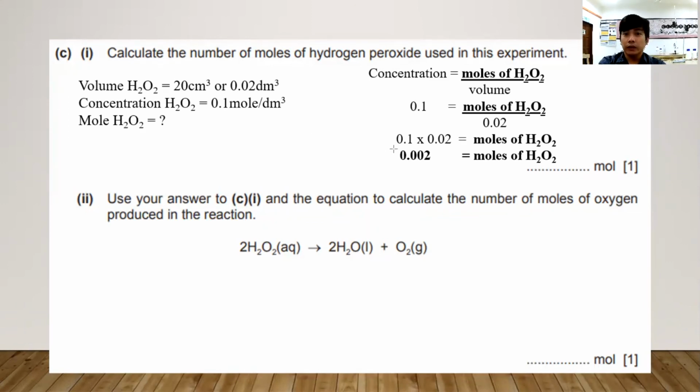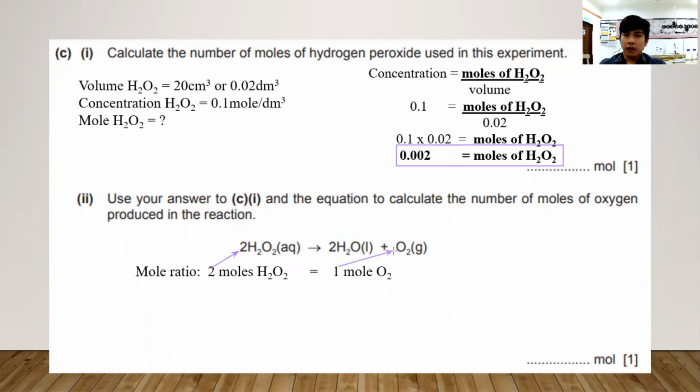Now that we know the moles of H2O2 we use, which is 0.002 moles of H2O2, we can identify the moles of O2 that we produce. So how are we going to do that? Of course, we're going to use the mole ratio. In this case, 2 moles of H2O2 is equal to 1 mole of O2. Meaning to say, you need 2 moles of H2O2 to produce 1 mole of O2.